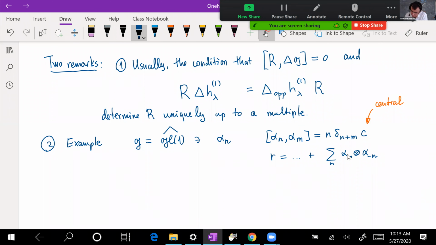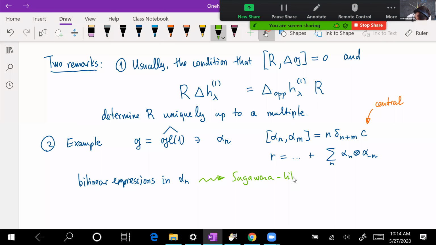So we get a bilinear expression in these free bosons, and this bilinear expression in alpha_n should remind you of the Sugawara construction, Sugawara-like formulas.